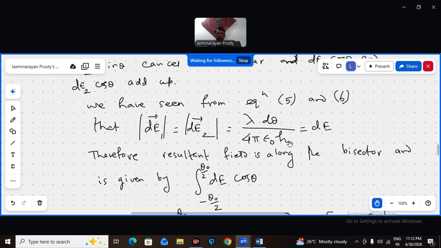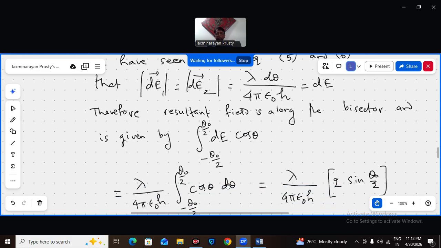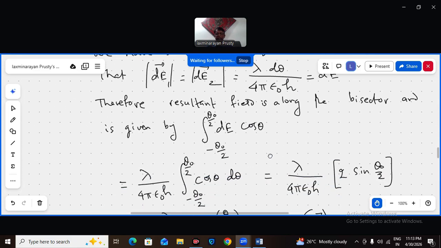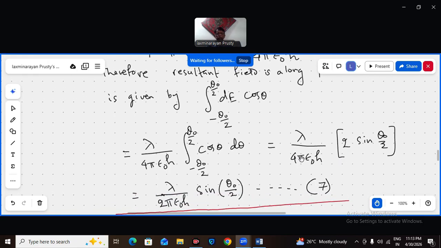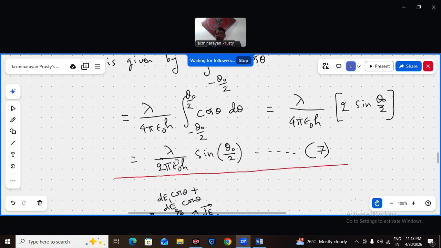Lambda by 4 pi epsilon 0 h into d theta. So that will be the integration of cos theta d theta from minus theta naught by 2 to theta naught by 2, with the remaining constant terms written outside. So that becomes lambda by 4 pi epsilon 0 h times 2 sin theta naught by 2. So the 2 cancels here. So lambda by 2 pi epsilon 0 h sin theta naught by 2.